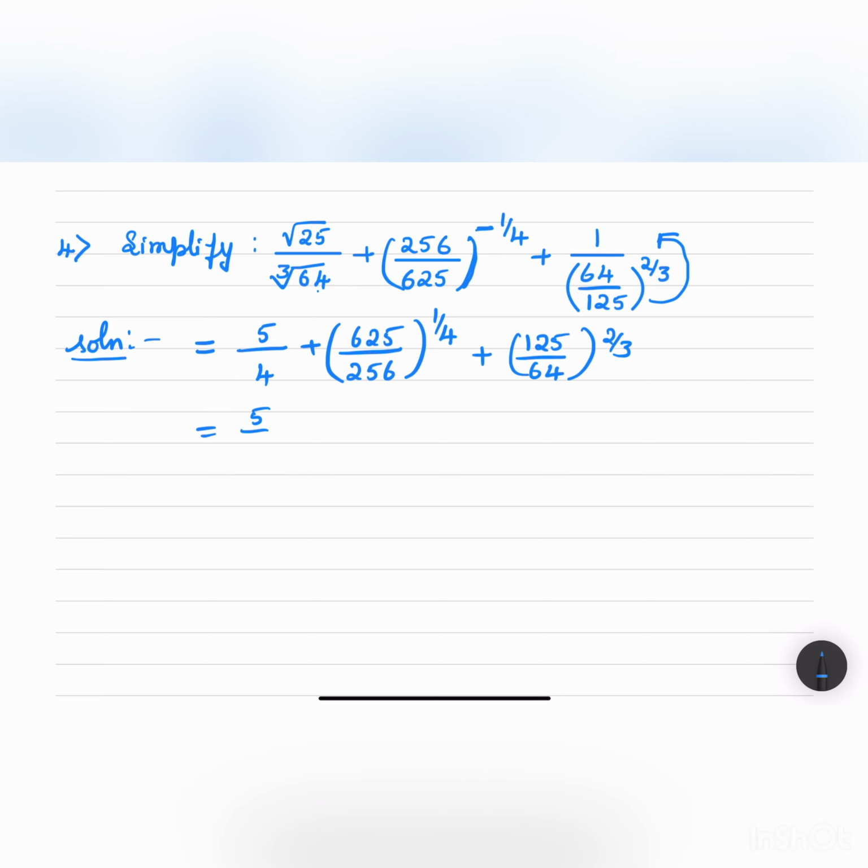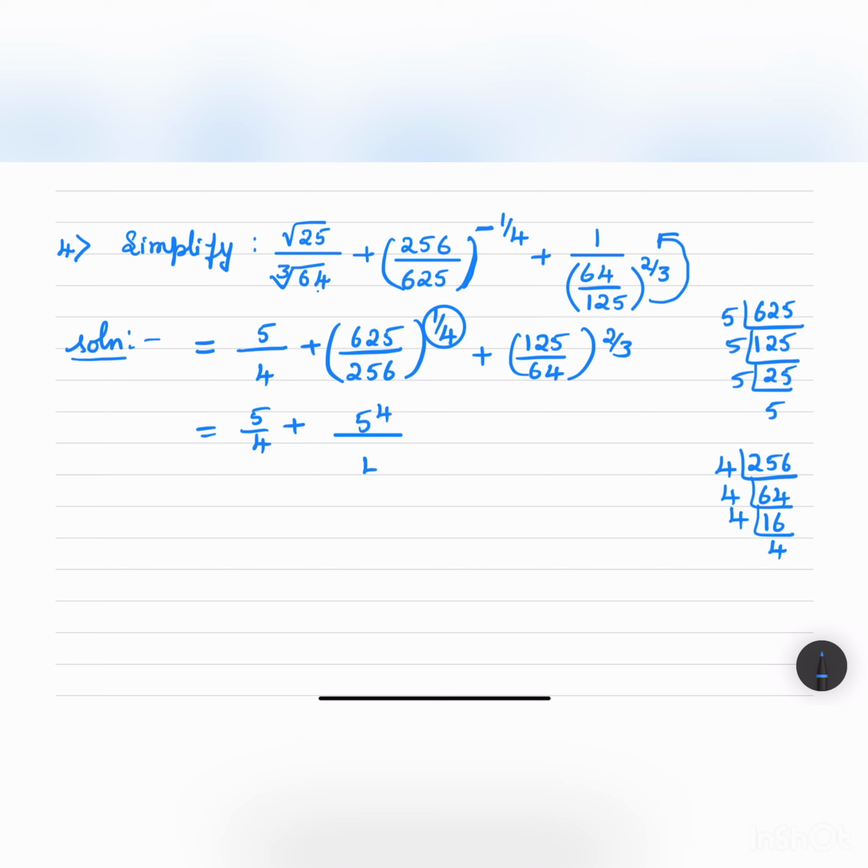Now 5 by 4 plus 625 can be written as, this is the fourth root, right? So let us start with 5. 125s are 5, 25s are 5, 5s are. Therefore, we can write 625 as 5 to the power 4 divided by, let us go for 256 now. 256 can be written as, it goes by 4, 4 64s are, 4 16s are, 4 4s are.